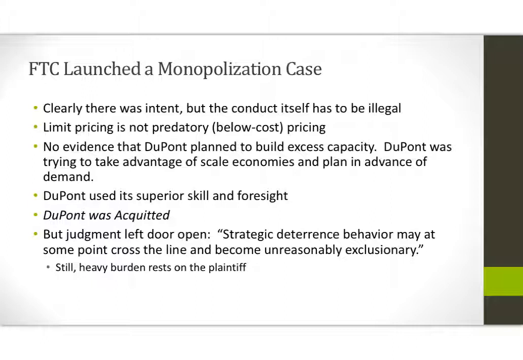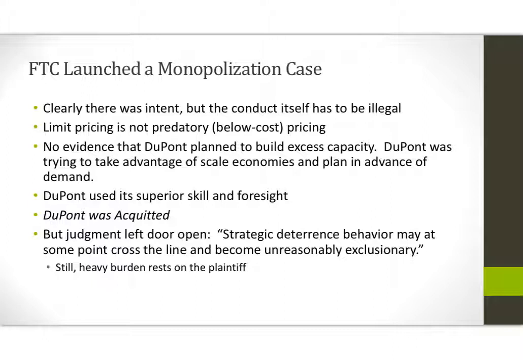And so DuPont was acquitted, but the judgment left the door open a little bit. So the ruling states that strategic deterrence behavior may at some point cross the line and become unreasonably exclusionary. So these are all based on antitrust laws that have been around since the late 1800s. And so as these different business practices come about, the question is, how do they fit within the legal landscape of these antitrust laws?